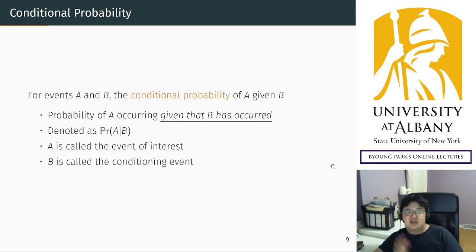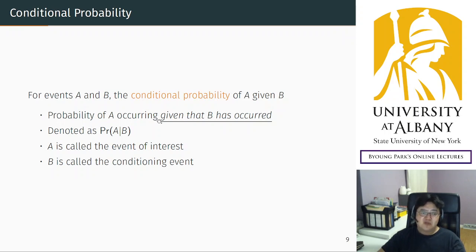So let me define and formulate this idea. We define conditional probability. To define a conditional probability, you need to have two events, because conditional probability should be written in this way: the probability of an event A occurring given that B has already occurred.